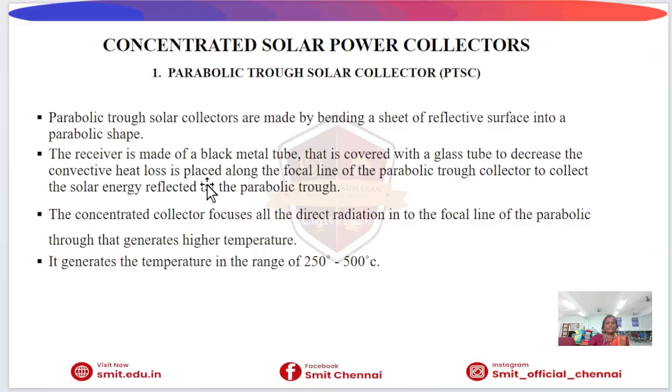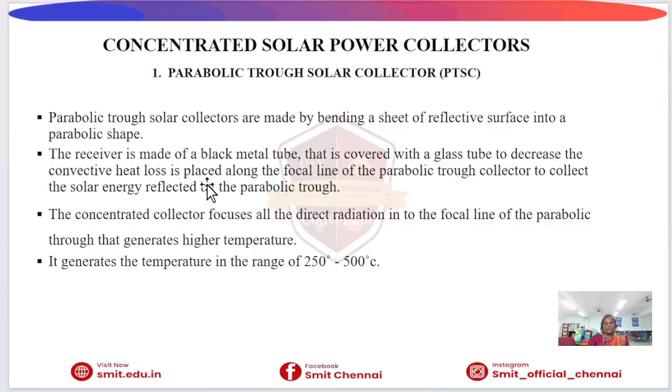Next is the parabolic trough solar collector, or PTSC, which is a type of concentrated solar collector. It uses a parabolic shaped reflective surface to concentrate sunlight onto a receiver tube placed at the focal line.